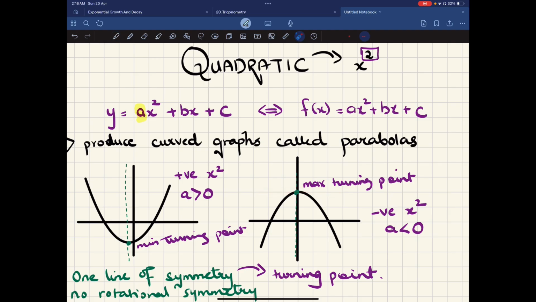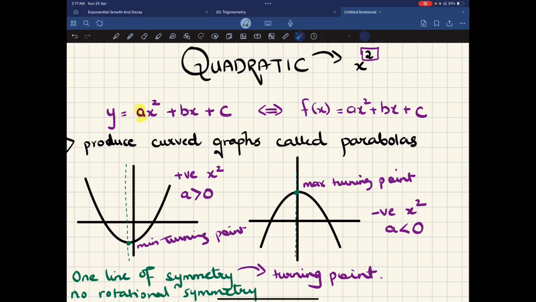I will repeat it. This is the coefficient of x squared. If it's positive, we will have a U-shaped graph, and our curve will have a minimum turning point. However, if the coefficient of x squared is negative, the graph will be an inverted U, and our graph will have a maximum point.